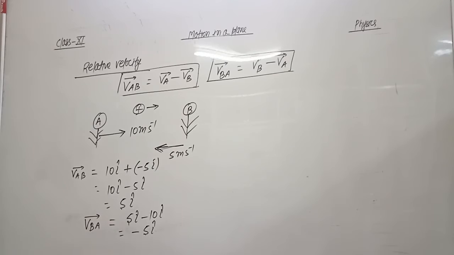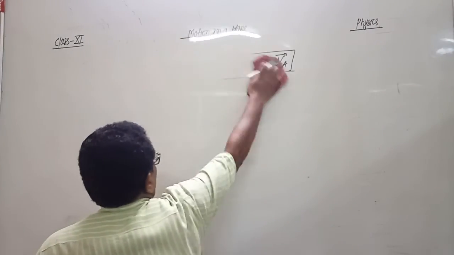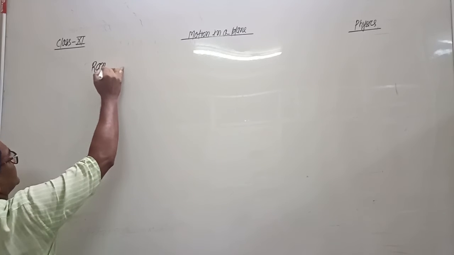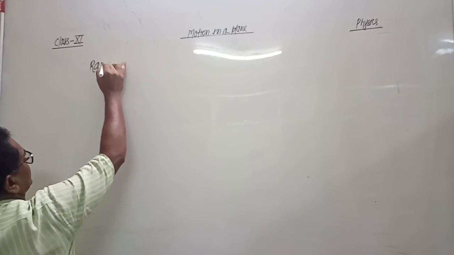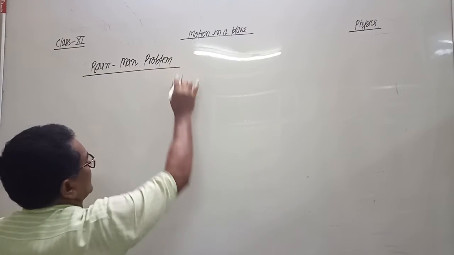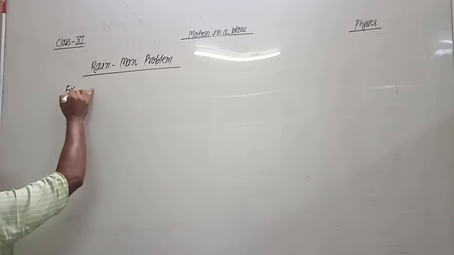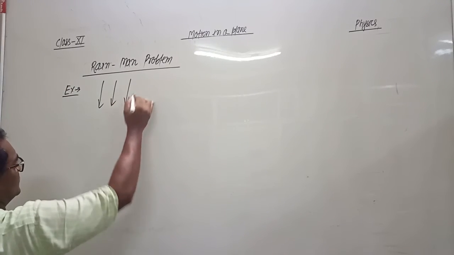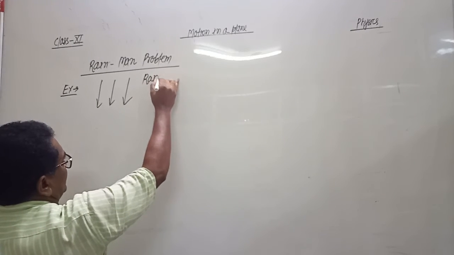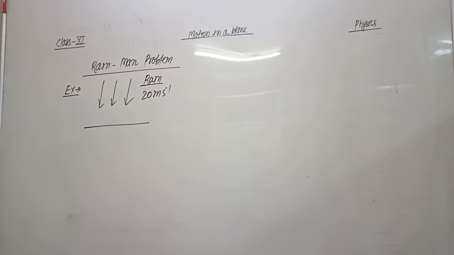Now we discuss the rain and man problem. Suppose rain is falling vertically downward with a velocity of 20 meters per second, and there is a man standing on the ground.